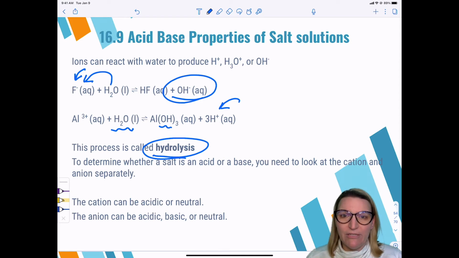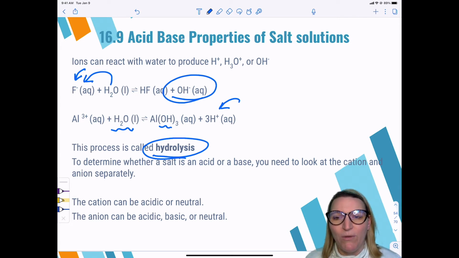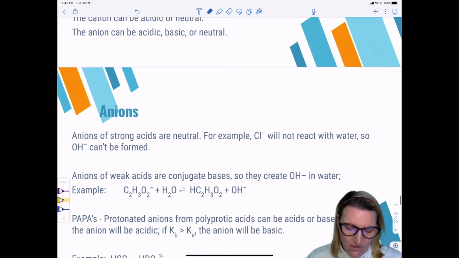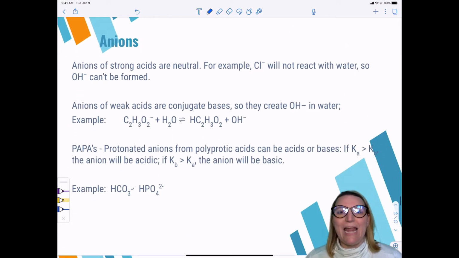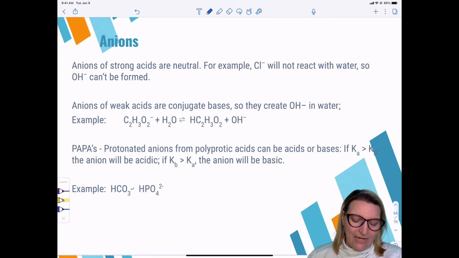So similarly to what we did before, once we look at the ionic compound, we break it up into its anion and cation and think about, will the anion or the cation react with water? And how do you figure that out? Well, would it form a weak acid or strong acid? Would it form a weak base or a strong base? So let's start with the negative ions, anions.